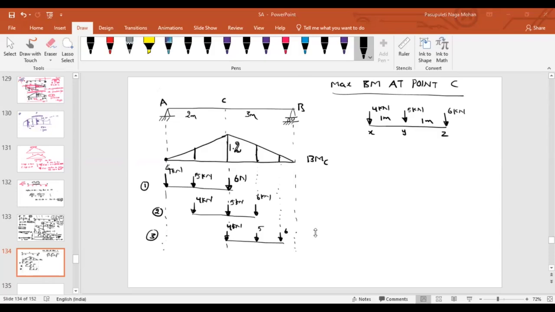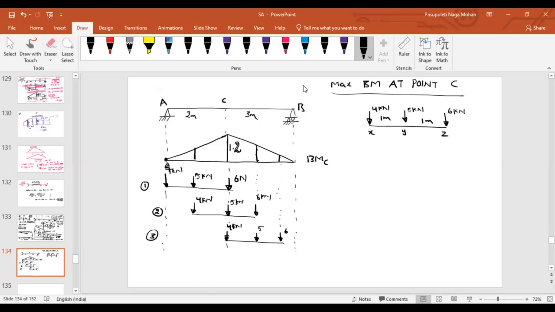As per you, maximum bending moment occurs under the maximum load, but at the same time 4 is not contributing anything. Why? Because what is the ordinate there? 0. The same condition we applied for UDL can be applied here. What is the condition we applied for UDL?